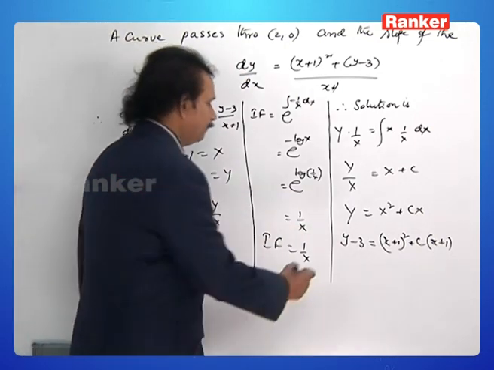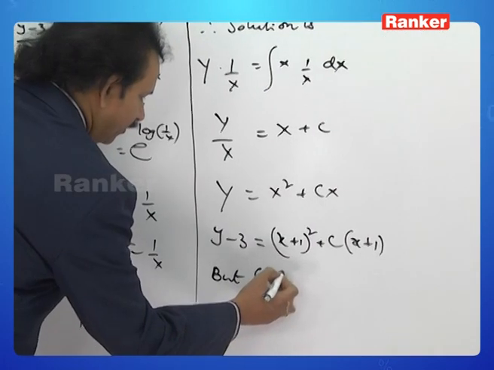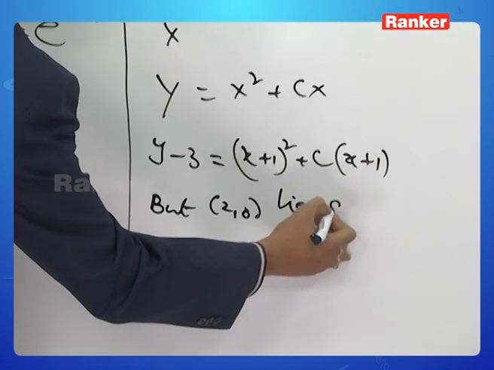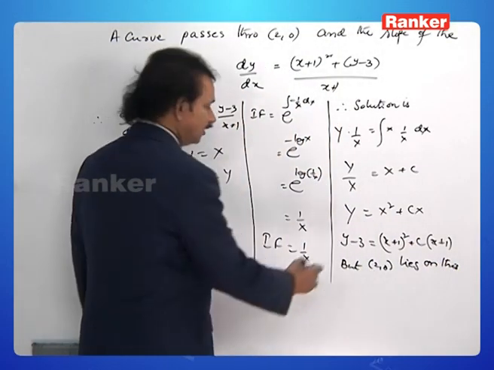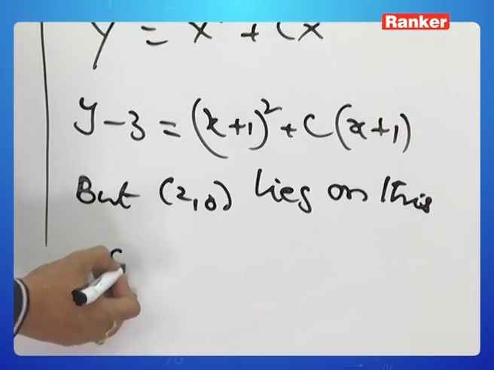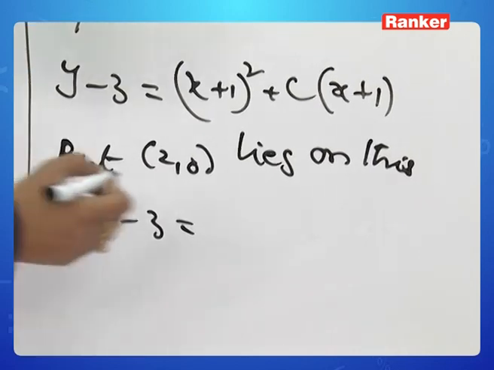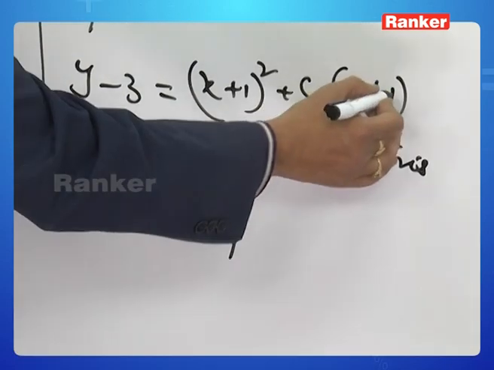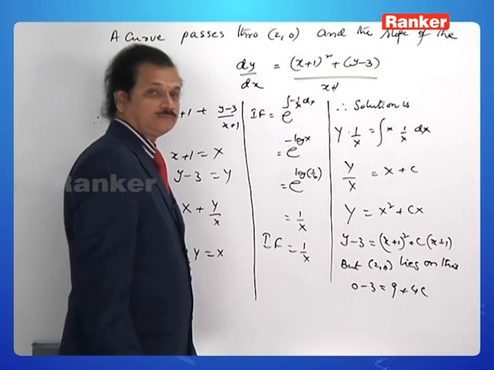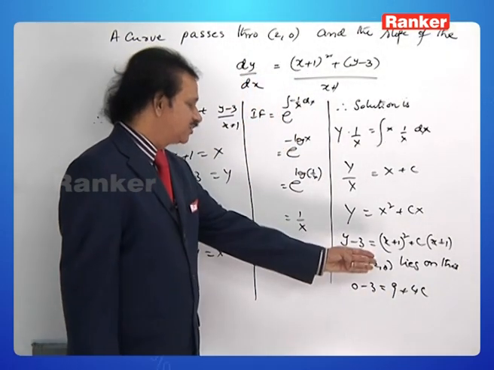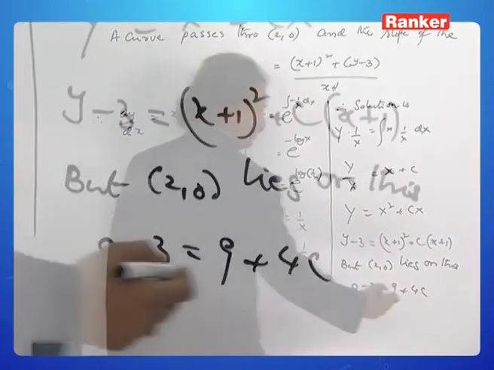Substitute. y is 0, minus 3 is equal to (2 plus 1) is 3, 3 square is 9, 3 plus 1 is 4 plus 4c. Good. 4c is equal to minus 12, hence c is minus 3.